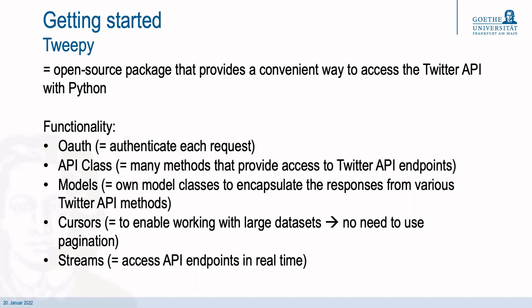Furthermore, Tweepy contains cursors, which enable us to work with large data sets, which means that if we use a cursor, we do not have to use pagination. And furthermore, we can also use streams using Tweepy, and this gives us access to API endpoints in real time. So already we know everything to make our first request. Let's start implementing it in Python.